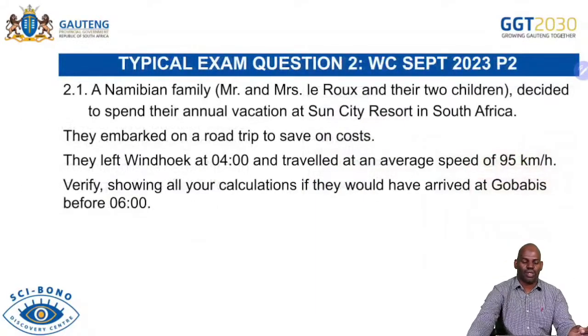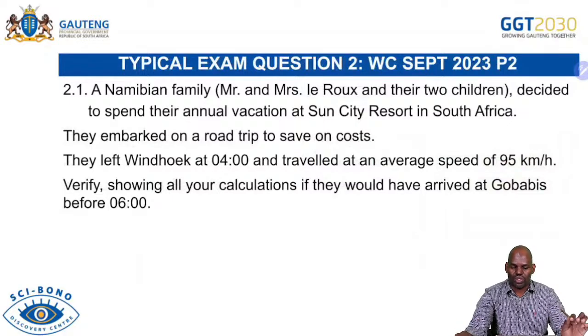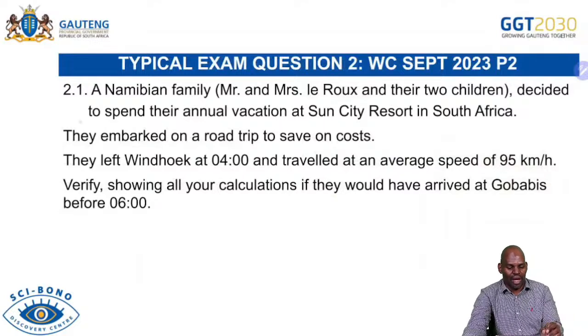Right, the next question, it's a typical exam question. This one was taken from Western Cape, September 2023, in paper 2. It's a Namibian family, Mr. and Mrs. Leroux, and their 2 children decided to spend their annual vacation at Sun City Resort in South Africa. They embarked on a road trip to save on costs.